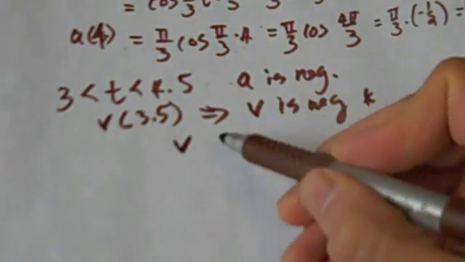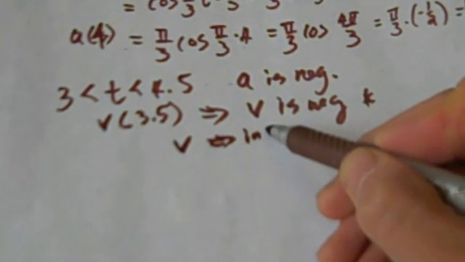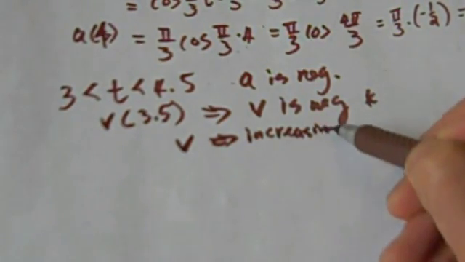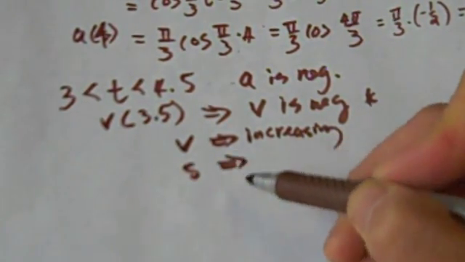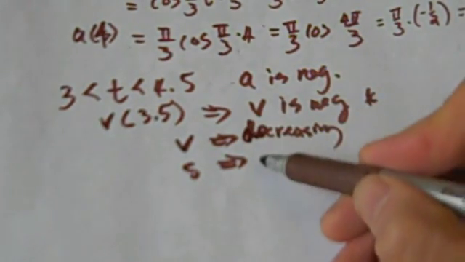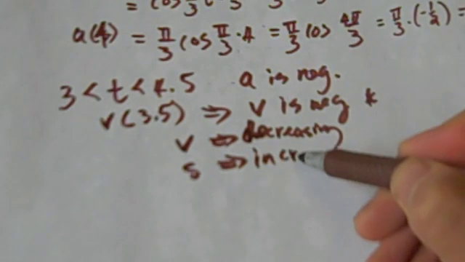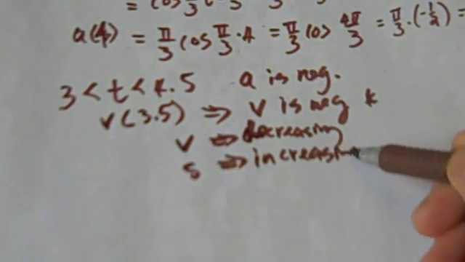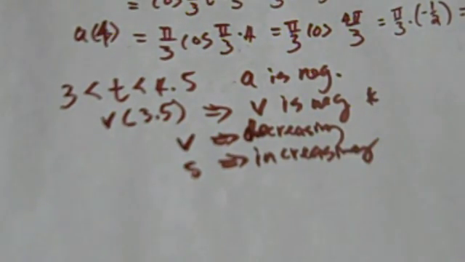So velocity will be decreasing and speed will be increasing based on the chart that we just developed. So let's take a look at our statement. Our statement says velocity is decreasing. Is that true?